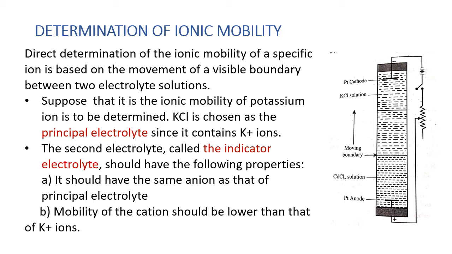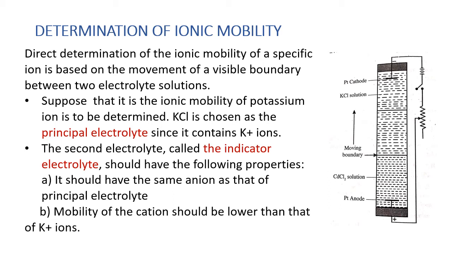Then one more condition, the mobility of the cation should be lower than that of K plus ions. So the cation should move slower compared to the K plus ions.